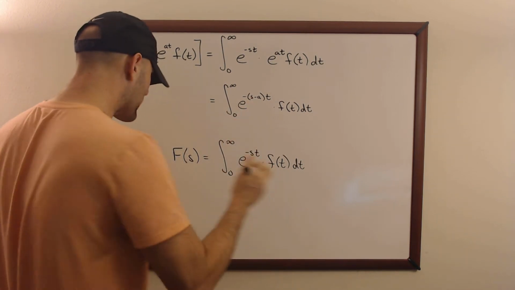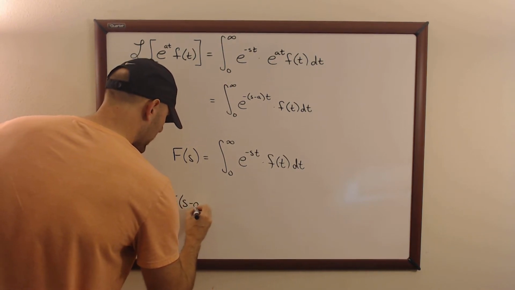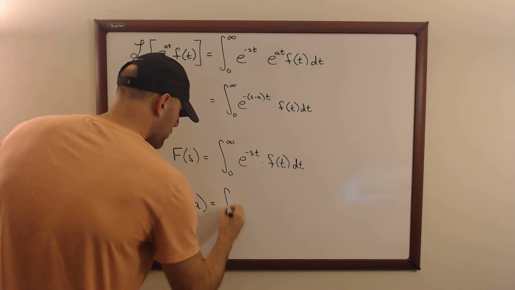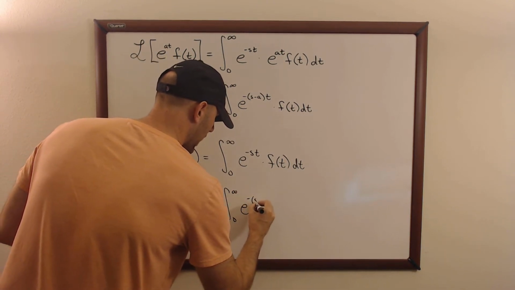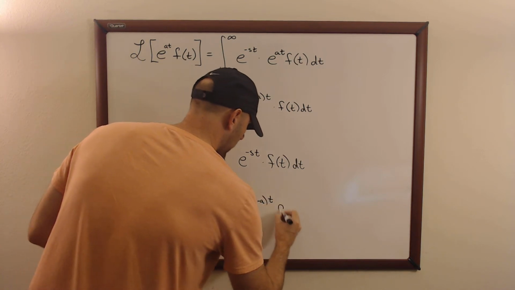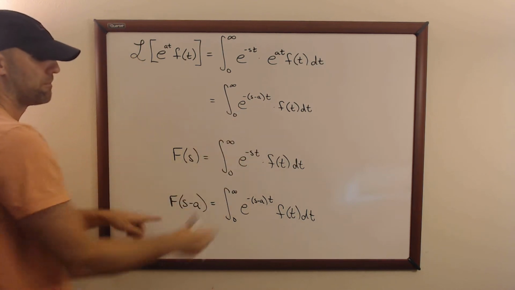And so drawing that same conclusion here, I have F of s minus a should be the integral from 0 to infinity of e to the negative s minus a t f of t dt. And so that's the exact same, right?